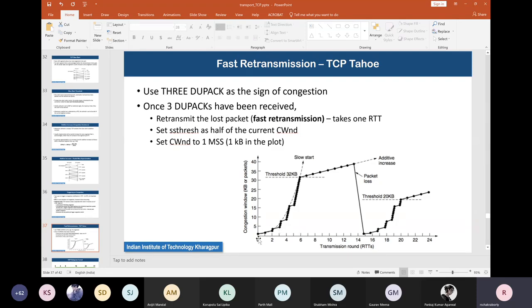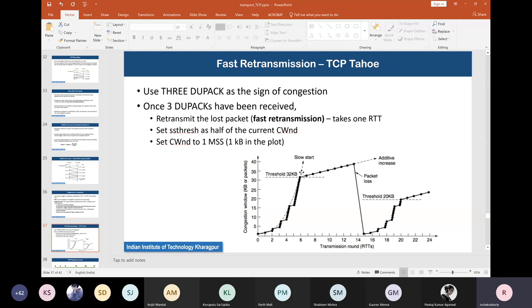Now what happens is that you increase exponentially. So you have a staircase pattern because in every one RTT you get acknowledgements, and according to the slow start scheme, you start increasing exponentially. This upward arrow showing slow start is the theoretical asymptote to this exponential increase line plot.